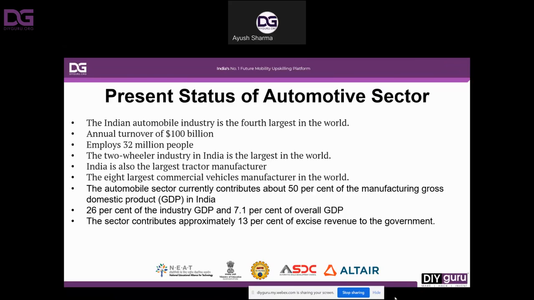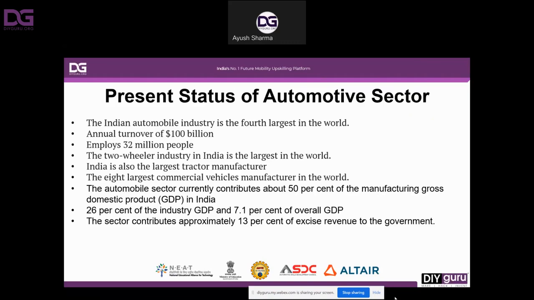And if we talk about the GDP, which is also called gross domestic product, in India, we will see that the automobile sector currently contributes about 50% of the manufacturing gross domestic product. This is a major industry contributing to GDP as well.